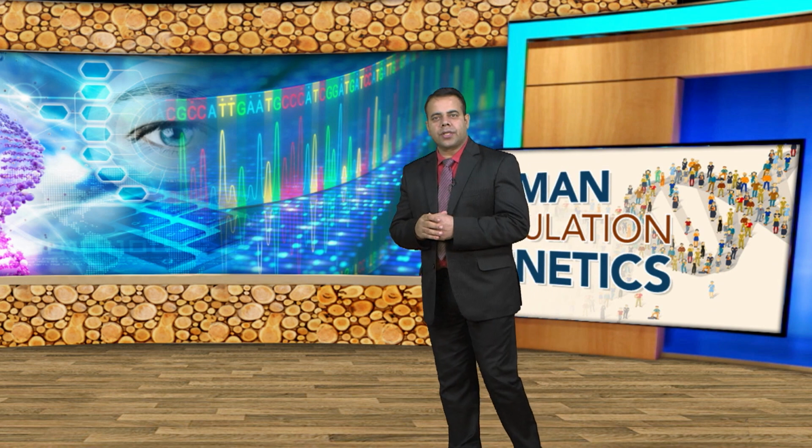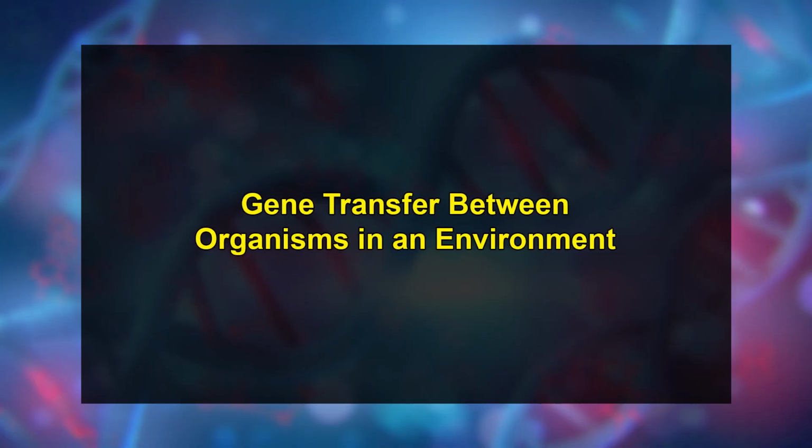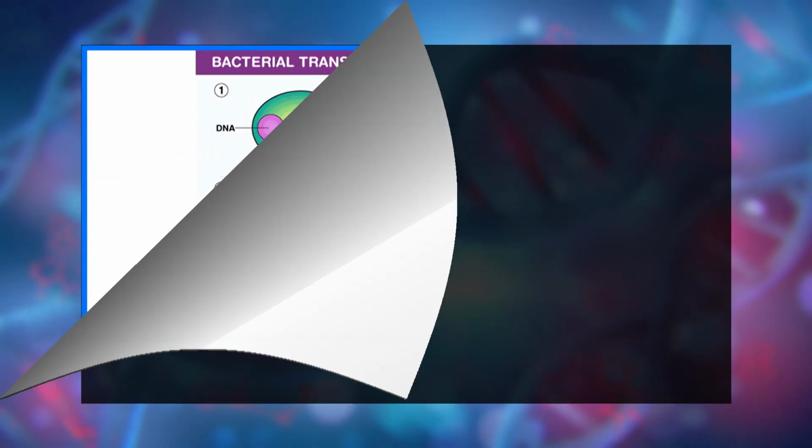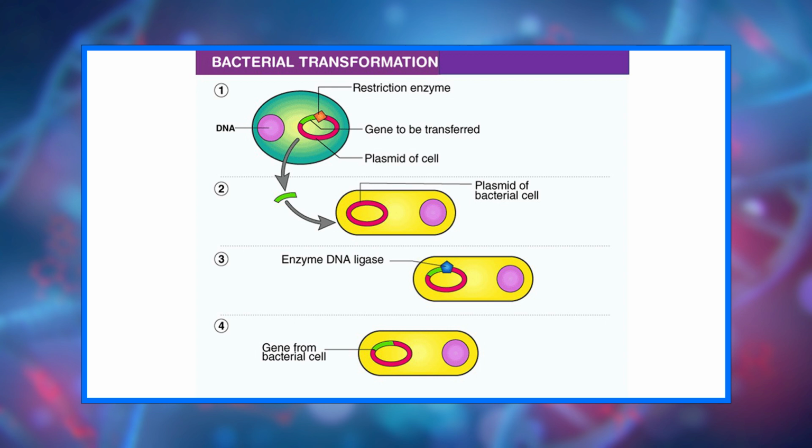Dear students, let's now discuss the gene transfer between organisms in an environment. Genetic information may transfer throughout an ecosystem in multiple ways. The first, on the smallest scale, is bacterial gene transfer.